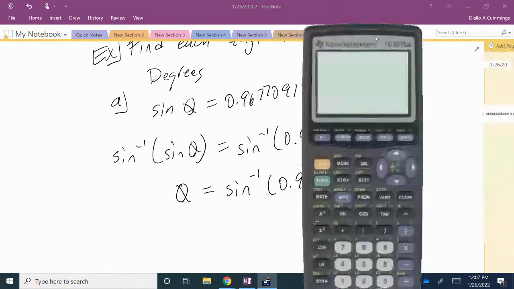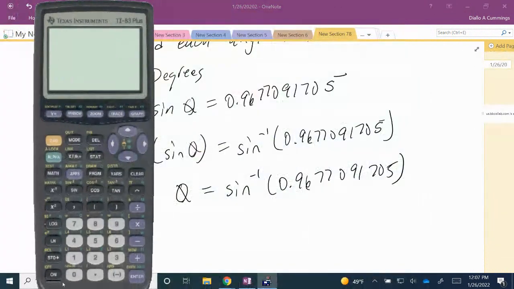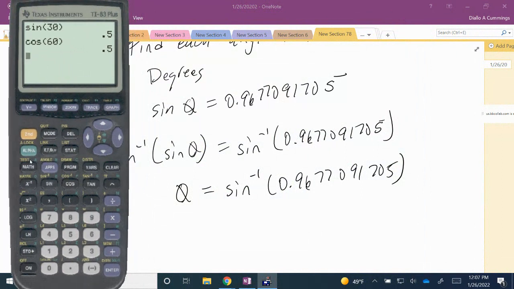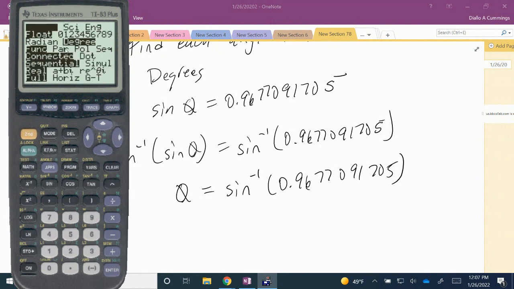So I'm going to bring back our calculator. First, let's make sure that we're in degree mode. One thing about this emulated calculator on the computer is that I've noticed the mode may reset itself. On your physical handheld calculator, the only way it's going to change from radian to degree is if you physically change it.